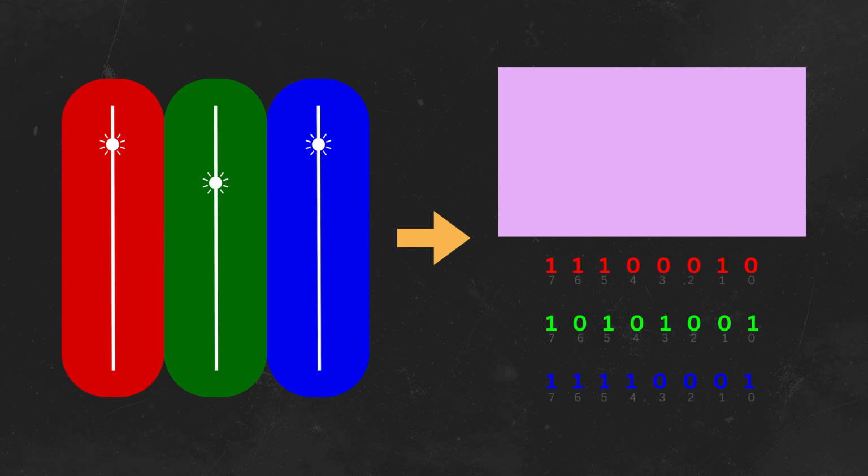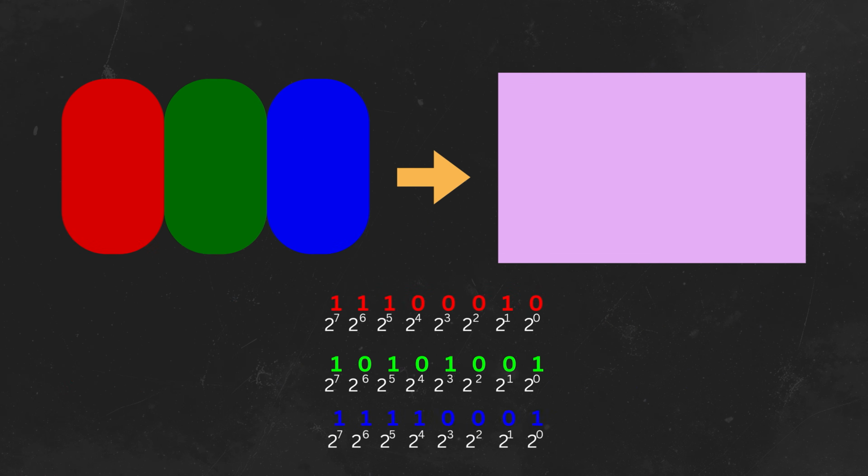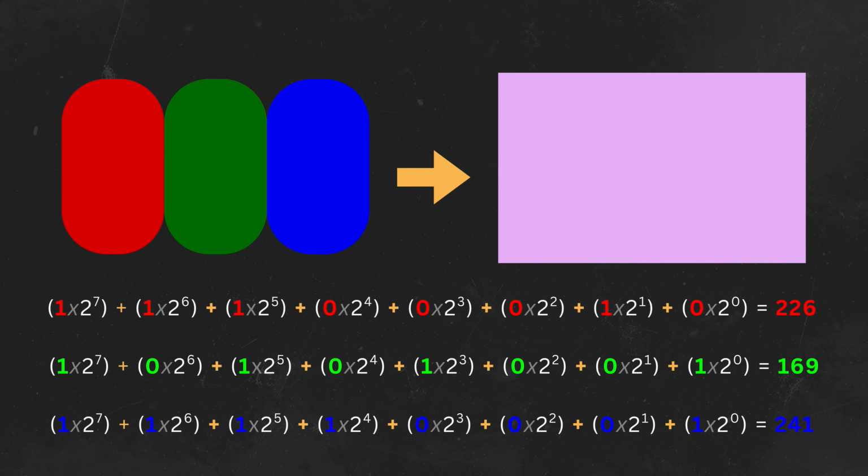Starting from the right, assign each bit a number, starting with 0 and increasing by 1 until you get to the end. Then, calculate 2 to the power of that position number. After you do that for each bit, multiply that value by the bit value itself, add all of those numbers up, and that's your decimal value. So its lowest intensity would be 0, while its highest would be 255.